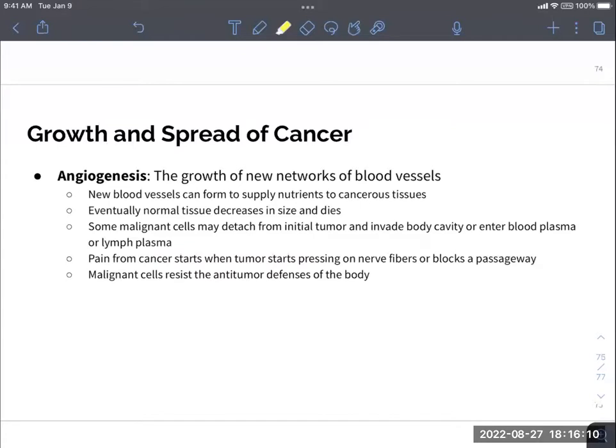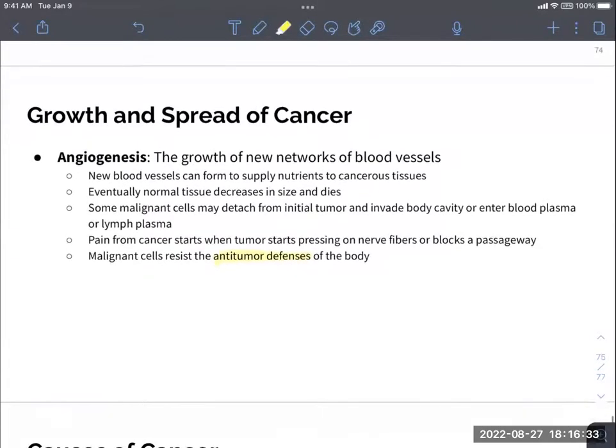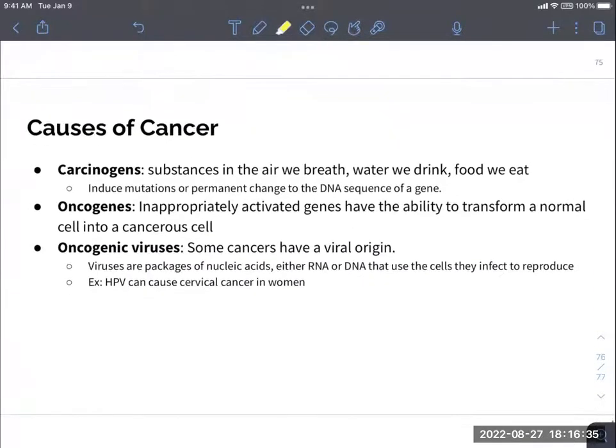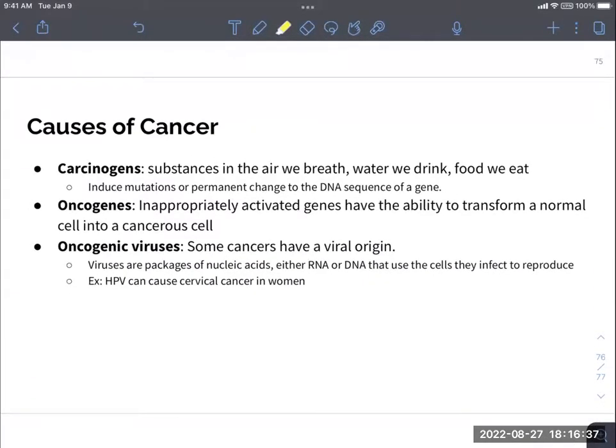And the problem that these malignant tumors have is we actually have anti-tumor defenses in our body, but malignant tumors are resistant to them. And that's why malignant tumors grow so well in our body, is they can resist any of the processes that we have to kill off malignant tumors.